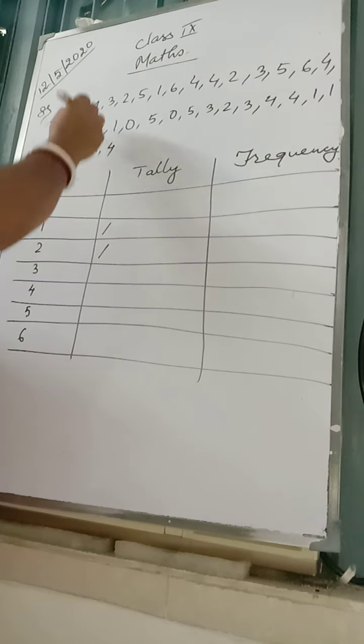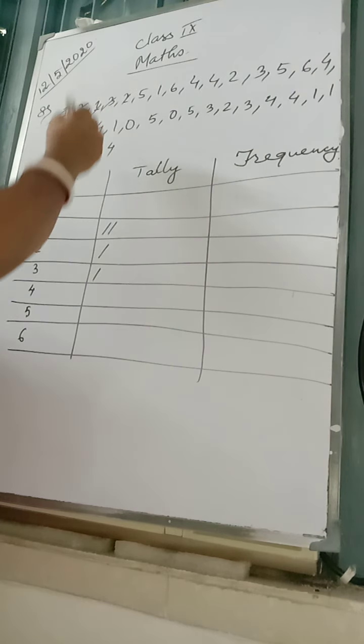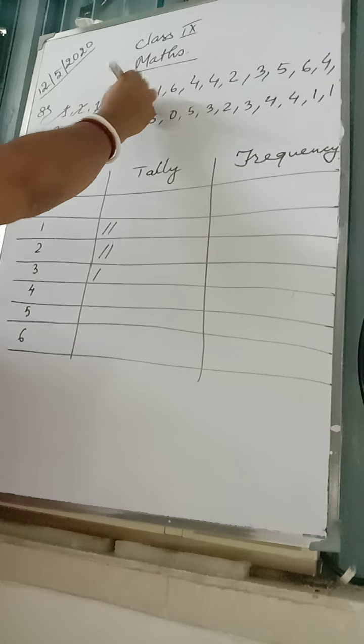Now the first one is 1, so I will give a tally in 1. Then 2, so at 2's column, 1; at 1's column, 3; then 3's column, 2; 5, so that comes in 5.